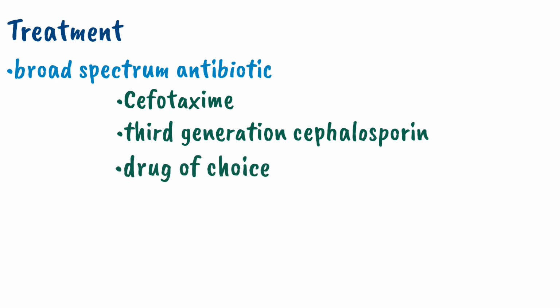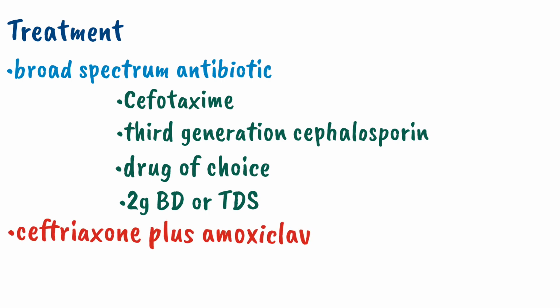We give it in a dose of about 2 gram BD or TDS, and the alternative is ceftriaxone plus amoxicillin. Along with that, we can use intravenous albumin because it reduces the mortality. So these three therapies, cefotaxime, ceftriaxone with amoxicillin, and albumin, are the treatment options for spontaneous bacterial peritonitis.